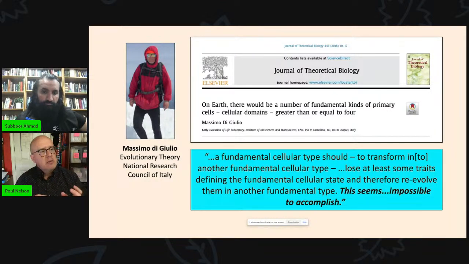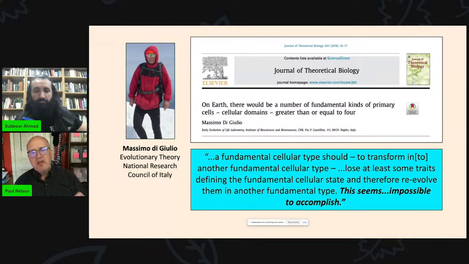A progenote, I would argue, and this is, I guess, a critique of Di Giulio, I don't want to press the point, but a progenote has actually never been described, to my knowledge. I think the concept originated with Carl Woese, but I have never actually seen a description of a functional progenote. It is a hypothetical entity to have some replicating system prior to life as we know it that can undergo evolutionary processes like selection.